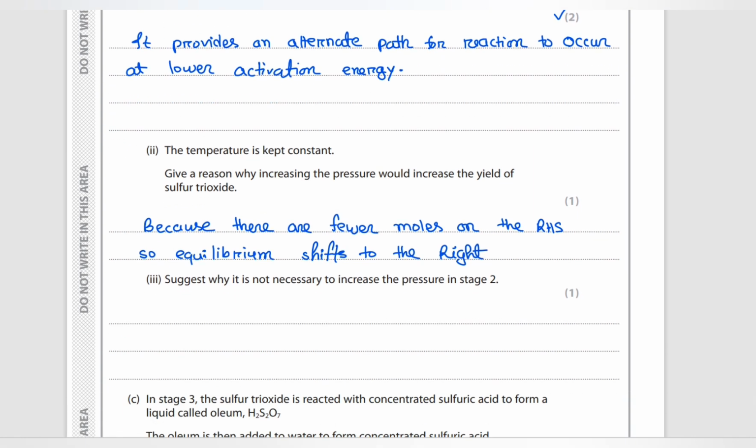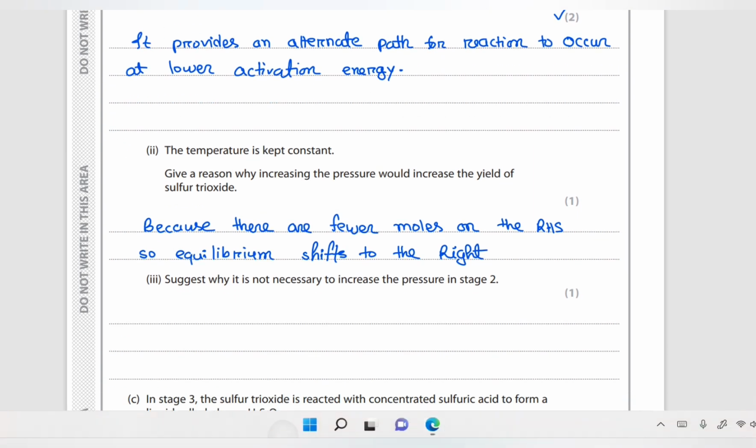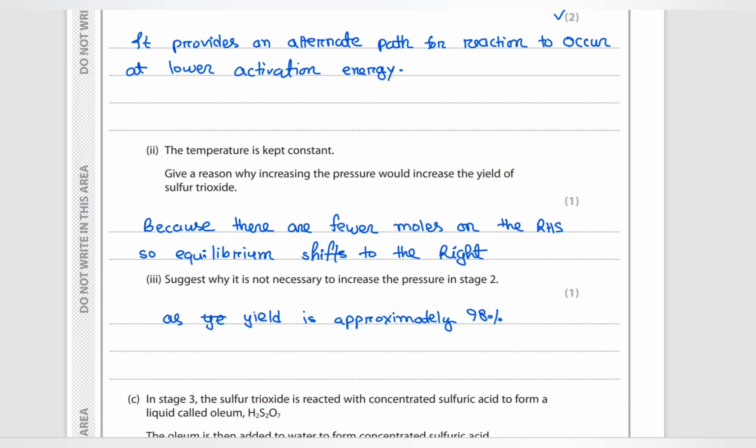So we can write that the yield is approximately 98%, so it is not necessary to increase the pressure.